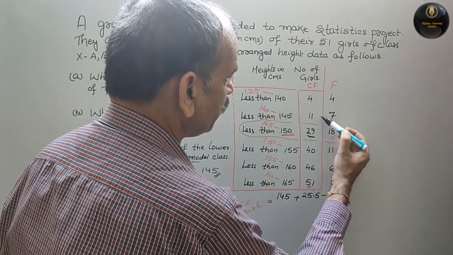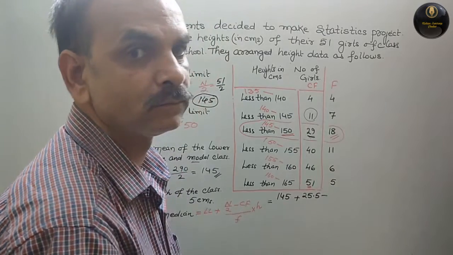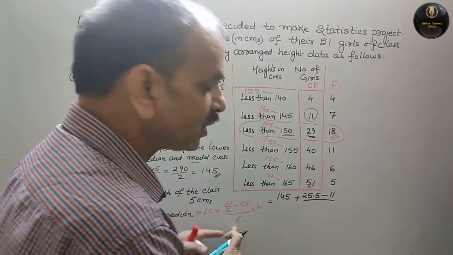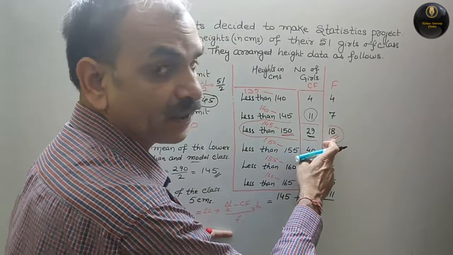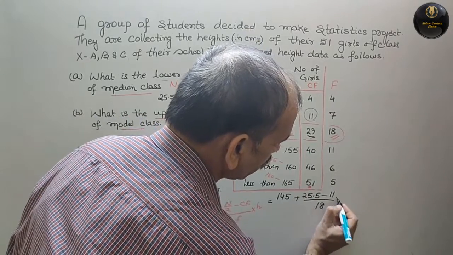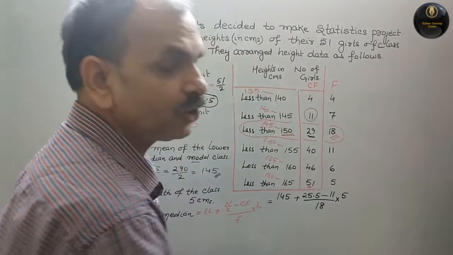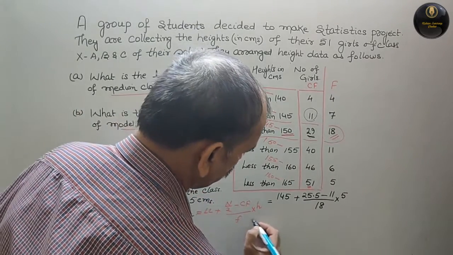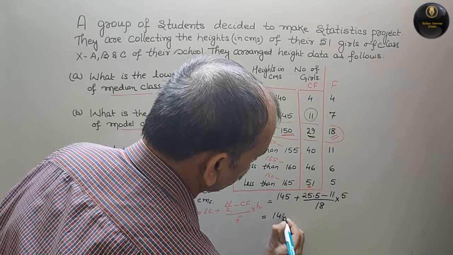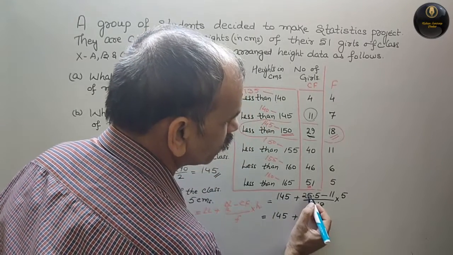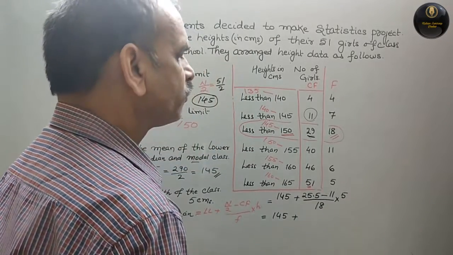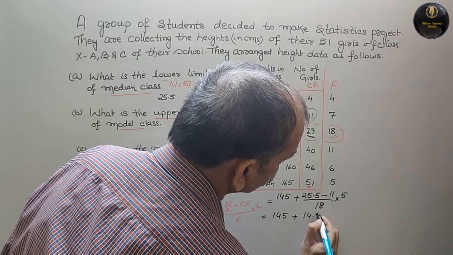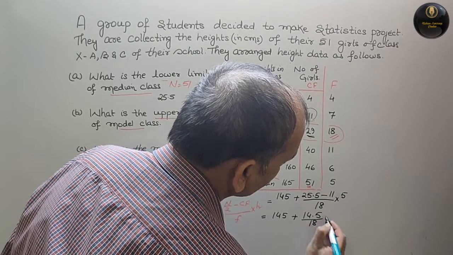So that means it will be what? 11. So here we will write 11 by frequency of that class. The frequency is 18 into 5. 5 is your height, or you can say width. So this is equal to, just solve this, 145 plus 25.5 minus 11 is 14.5, by 18 into 5.